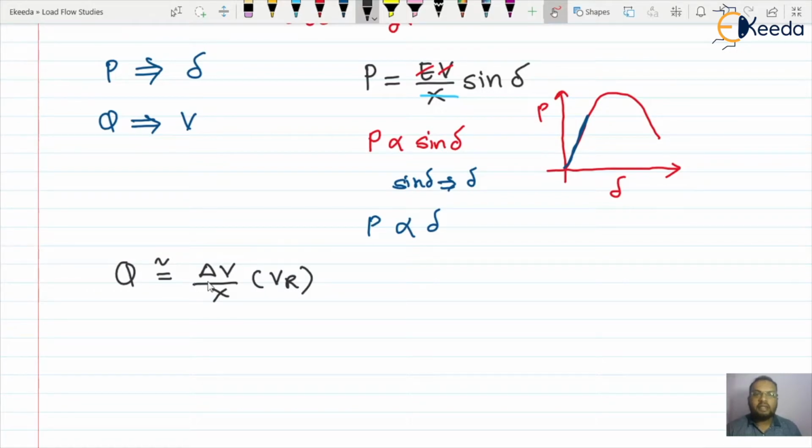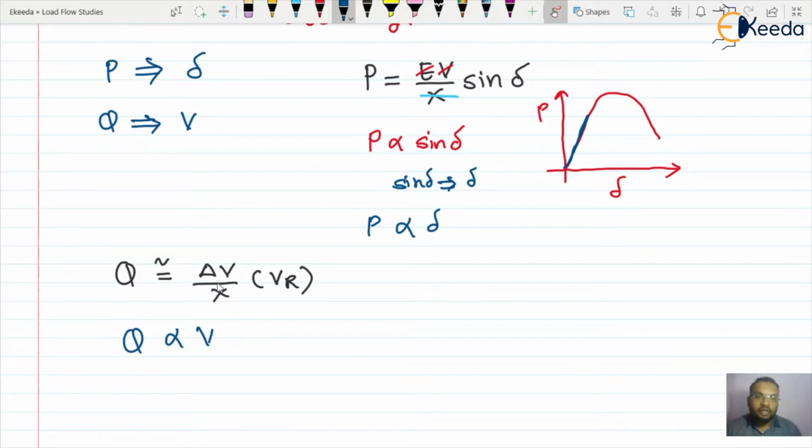It is an approximate equation. If you want a generalized equation, you have so many terms here, so I have not included that. I have considered the approximated formula here. From this we can clearly see that the reactive power depends directly on the voltage, and it does not depend on the phase angle.